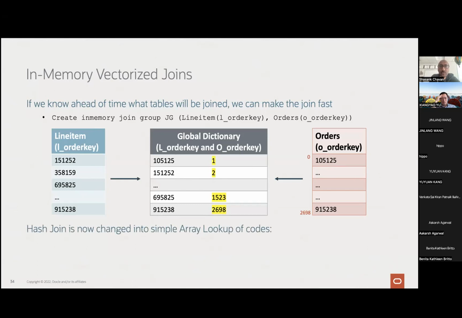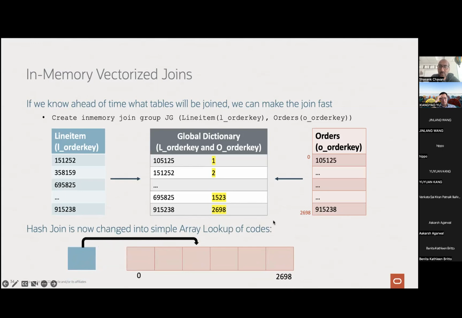Instead, you can now convert that hash join to a very simple array lookup. So you got your code and you want to say, is there a match with the orders table or with the line item table? You look it up into this array in the orders table of just 2,698 entries. And if there's a hit, then there's a match. And if not, there's no match.